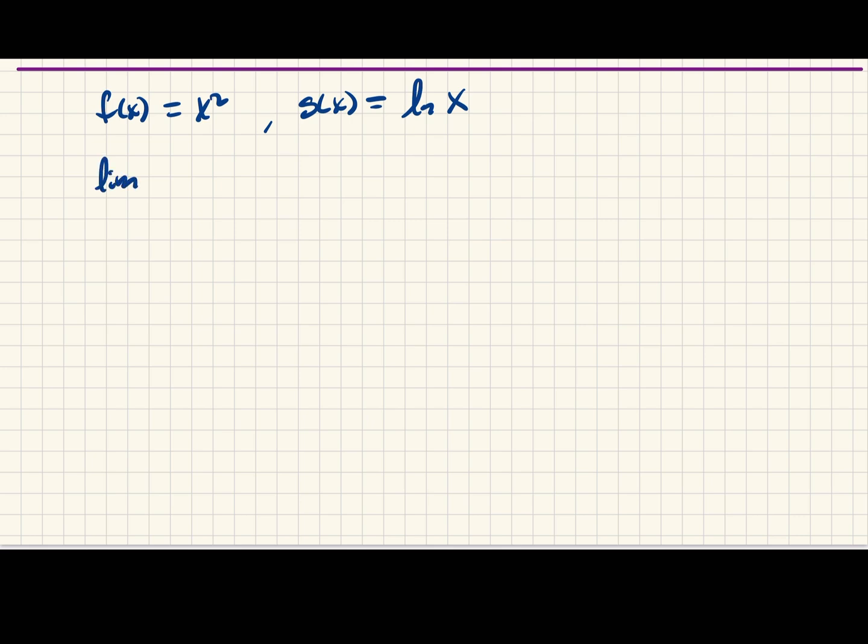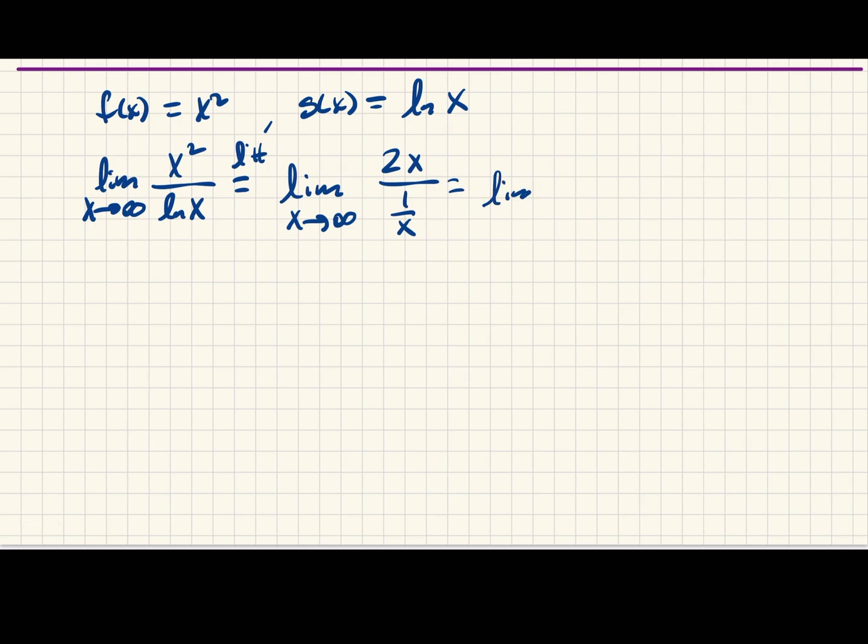So we'll do the limit as x goes to infinity of x squared over the natural log of x. I'm in the same situation, right? I've got an indeterminate form. Okay, so I can use L'Hopital's rule, and that would tell me that the limit as x goes to infinity would be the same as 2x over 1 over x. Now I need to do a little bit of algebra here. So this is going to be the limit as x goes to infinity of 2x squared, right?